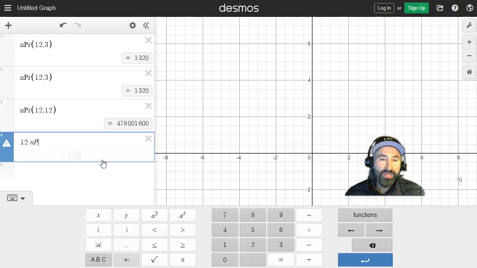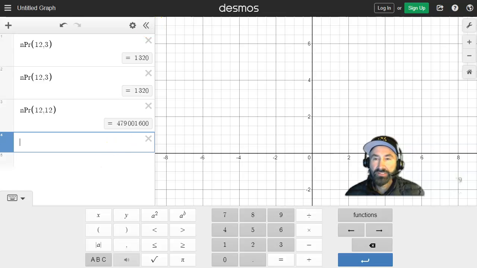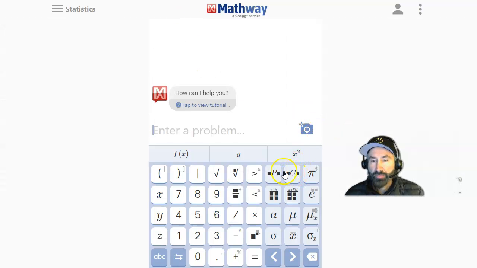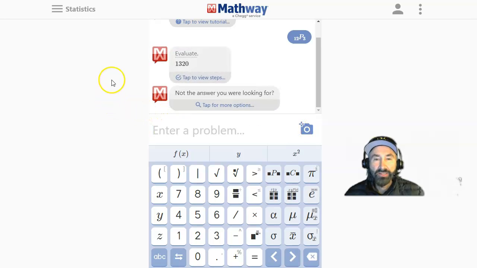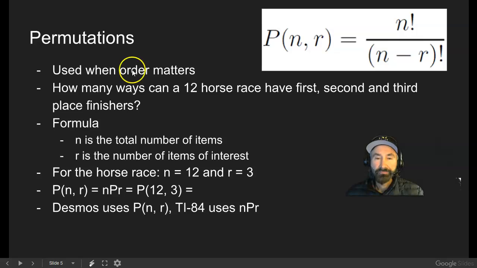Oh, I think actually Mathway does it that way. Let's take a look and see. With Mathway, if we do permutations, yep, Mathway does it that way. We're going to have to put 12, then the P, then the 3, and then Mathway will let us calculate the permutations, and we also get 1320. Yay! Okay, let's continue on.